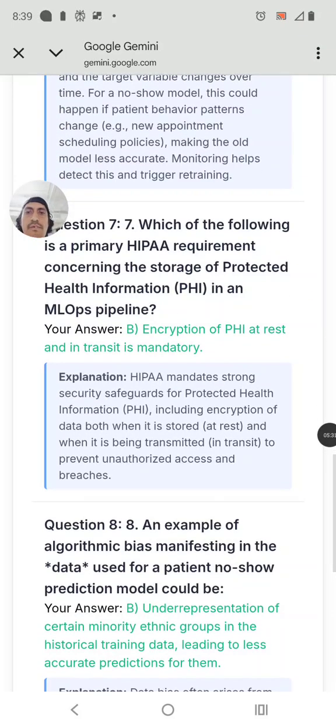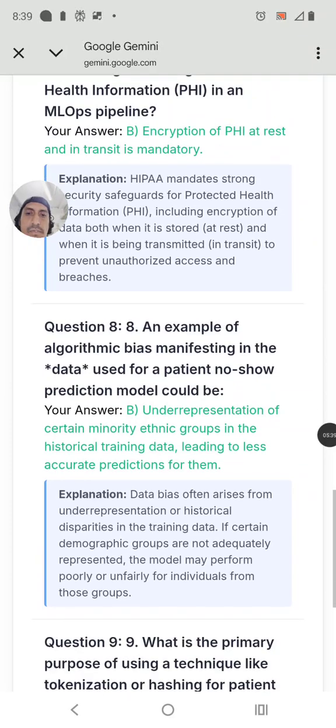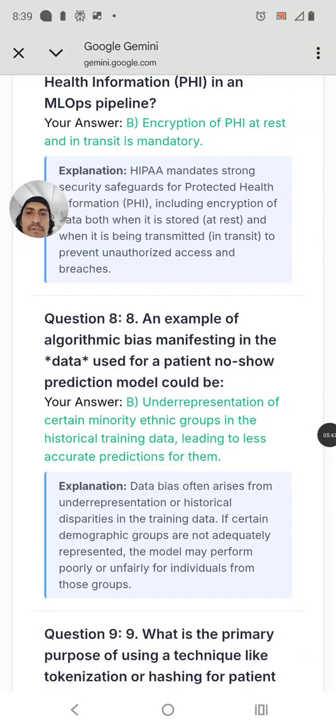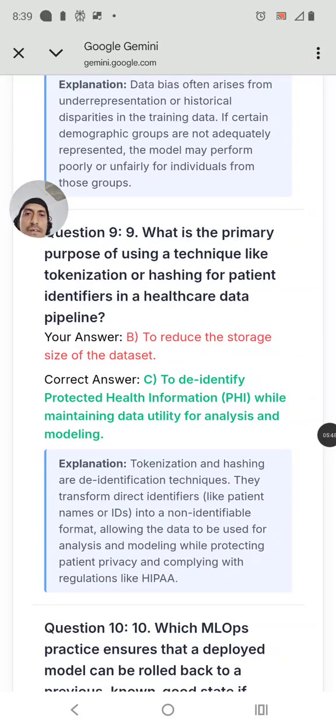Number 7. Which of the following is a primary HIPAA requirement concerning the storage of protected health information? Encryption. Okay. Number 8, an example of algorithmic bias in a model for patient no-show prediction: underrepresentation of a group. And alright, that was the correct answer. Number 9 was wrong. Primary purpose of using a technique like tokenization is to de-identify protected health information.